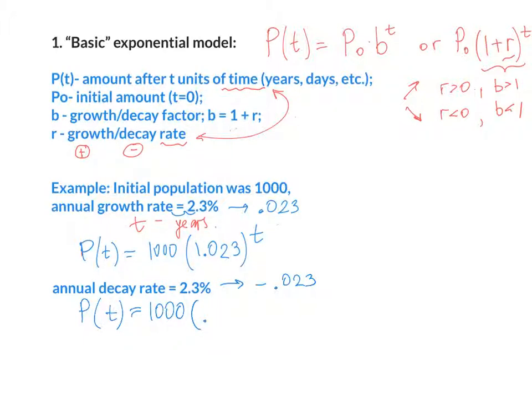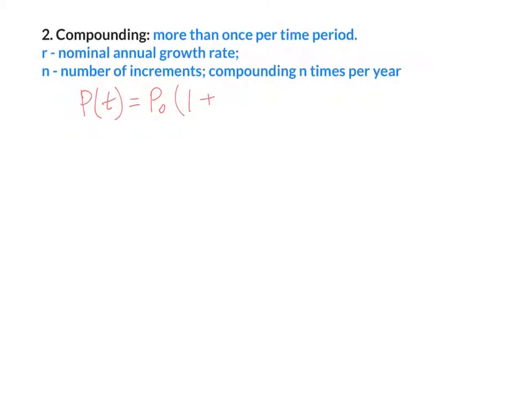So it becomes 0.977 raised to the power of t. So what's happening here is that every year we only keep 97.7% of the amount. 2.3% decays, goes away. So every time you just multiply by this number, 0.977. Every year it decreases a little bit.